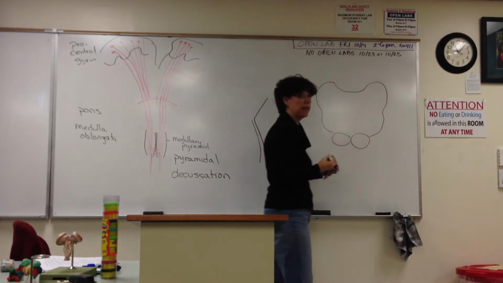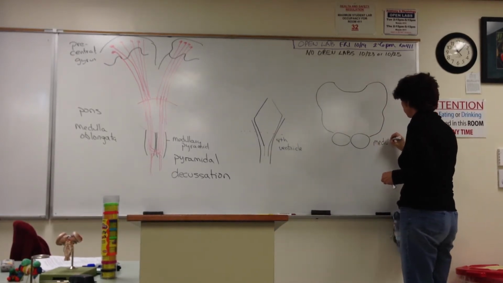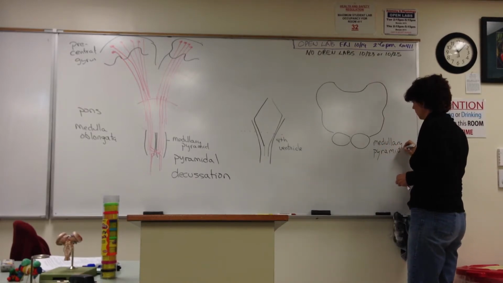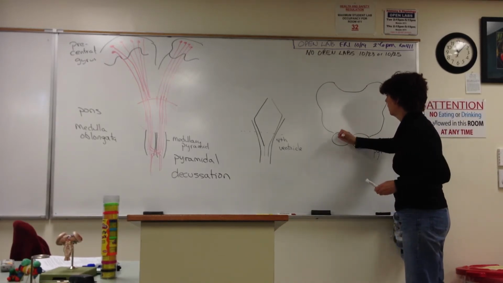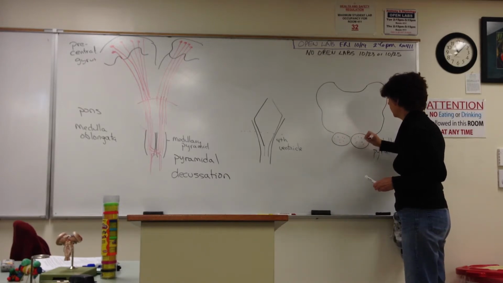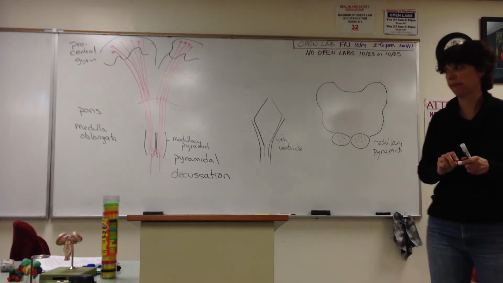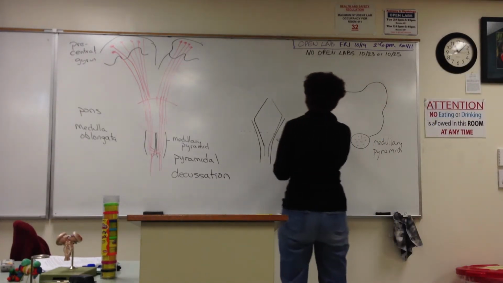So these would be the two medullary pyramids. So this would be ventral. And the pyramids, the motor fibers have been cut in cross section, so we're just looking at descending motor fibers.